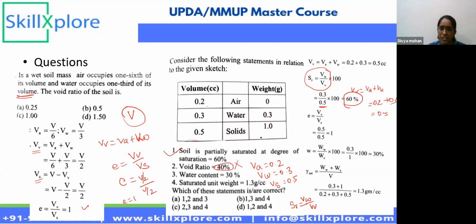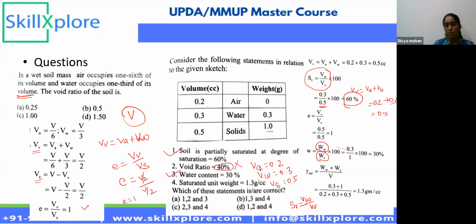However, mostly we won't state void ratio in percentage. And also water content. We know that water content is the ratio of weight of water to weight of solids. The weight of water they have given is 0.3 and the weight of solids is 1, so it is 30%. So this parameter is correct.